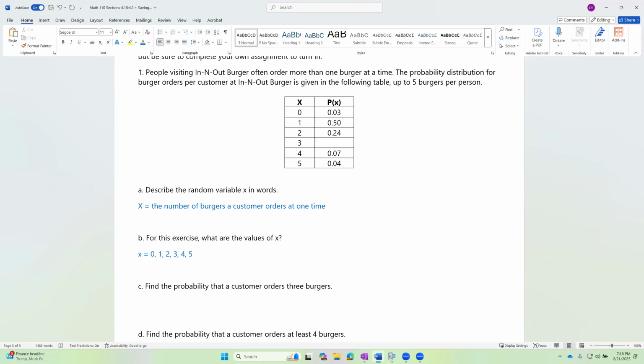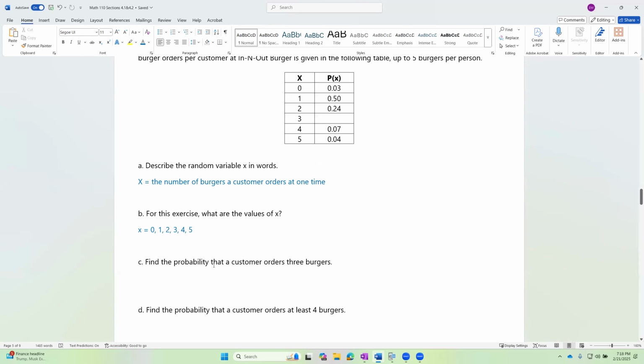Okay, moving on to part C. Find the probability that a customer orders 3 burgers. So here's where we are missing that third probability for 3 burgers. We know that all of the probabilities add up to 1. So what we can do is add up all these probabilities and subtract that from 1 to find that missing piece of probability.